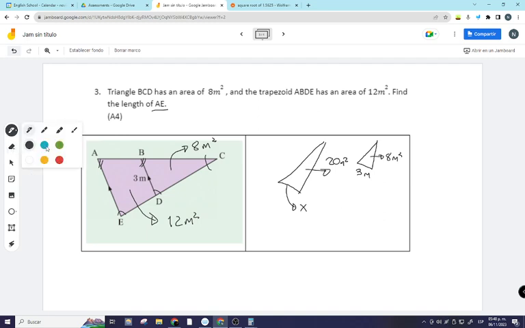I am going to do it with another color here just to not get confused. And since we want the length of the big figure, then we are going to find this scale factor. Okay? So 20 divided by 8, that's the scale factor, which is 5/4 by simplifying. Okay, that's the scale factor of the areas.